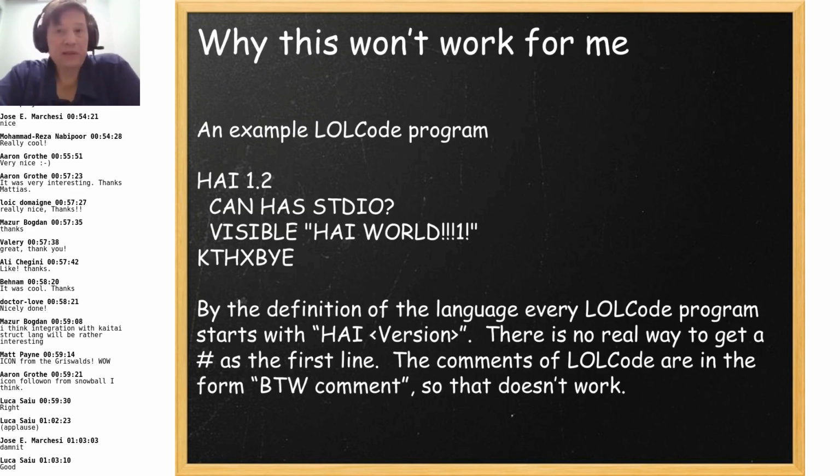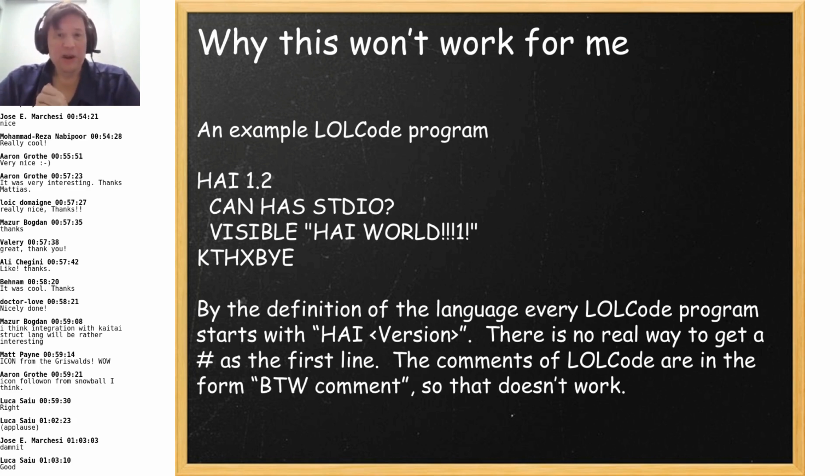Why won't this work for me? Here's an example LOLCODE program. HAI 1.2, CAN HAS STDIO?, VISIBLE "HI WORLD!!!!1", KTHXBYE. By the definition of the language, every LOLCODE program starts with HAI, then the version number.